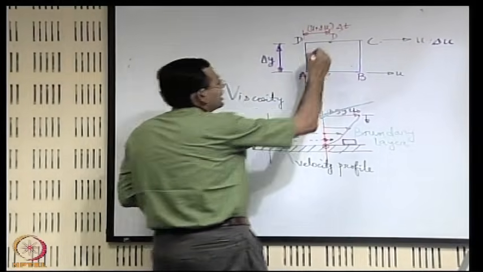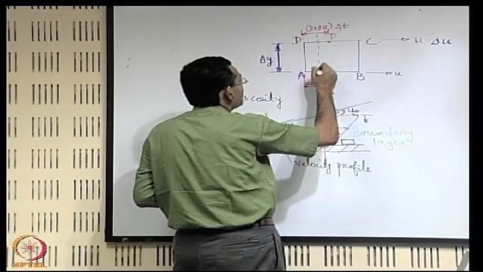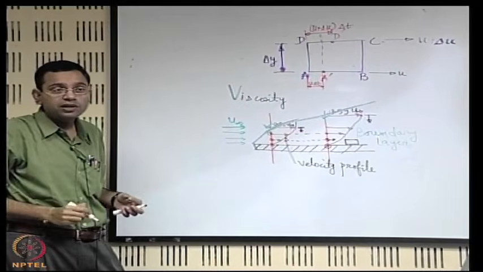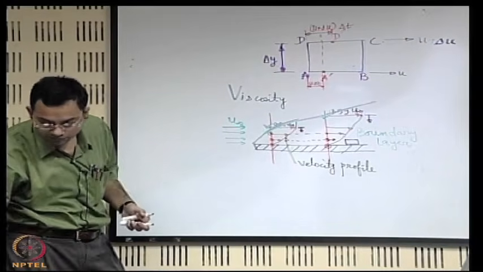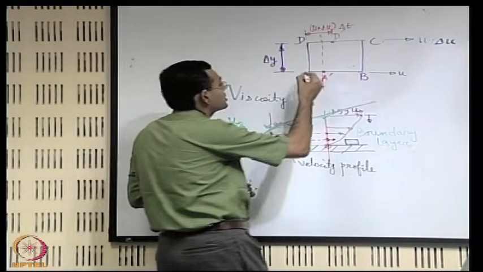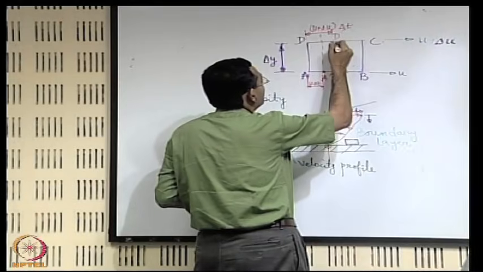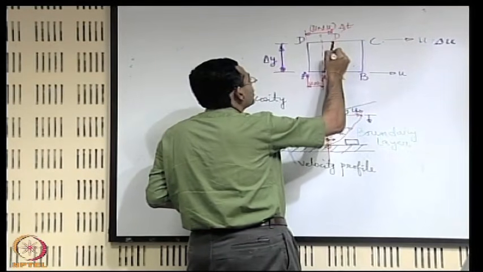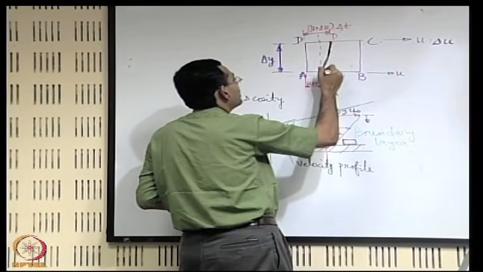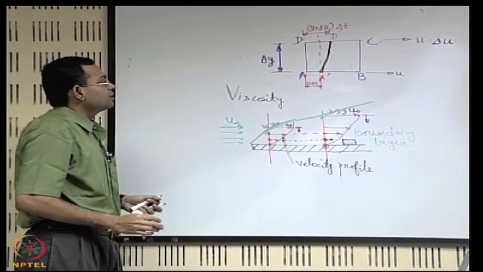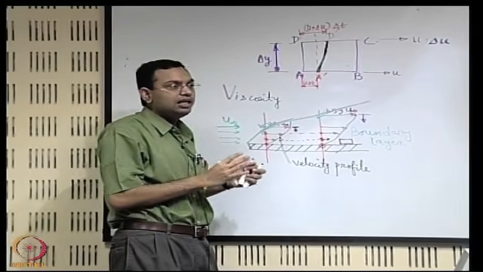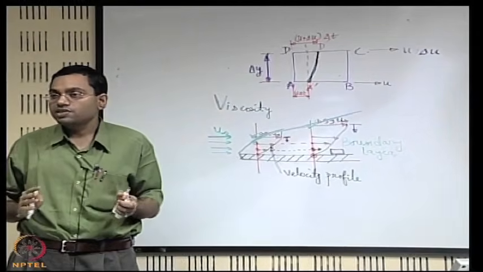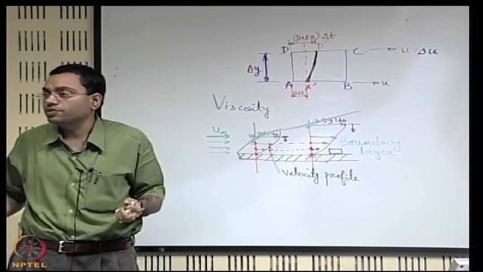So if you now consider the relative displacement of D in comparison to A, why is that important? That is important because if you now try to sketch the new location of AD, which is like this, you will realize that it has not only got displaced linearly, but it has undergone an angular deformation, which is the so-called shear deformation.